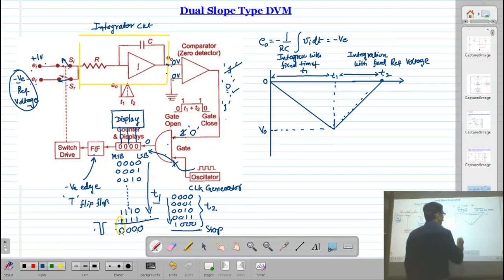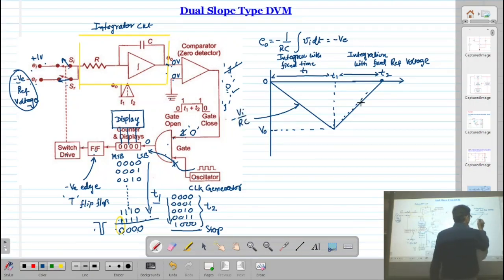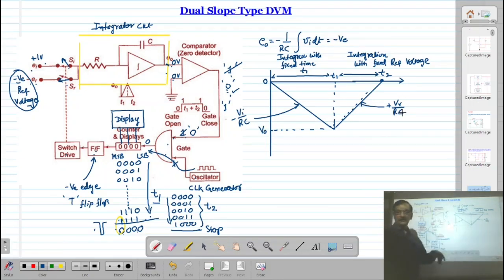Correct? Here if you see, the slope of this will be minus Vi by Rc, and the slope of this will be plus Vr by Rc, the reference voltage, plus Vr by Rc.